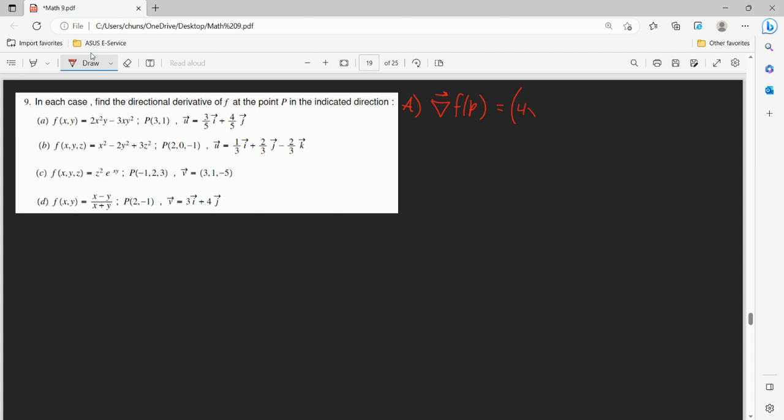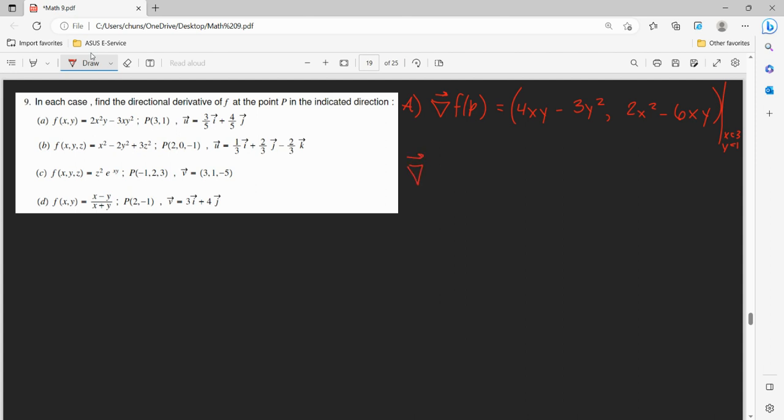This is 4xy minus 3y squared for our first one, and our second one is 2x squared minus 6xy. And this is at the point x equals 3 and y equals 1.